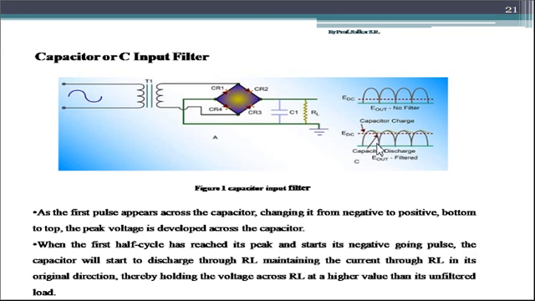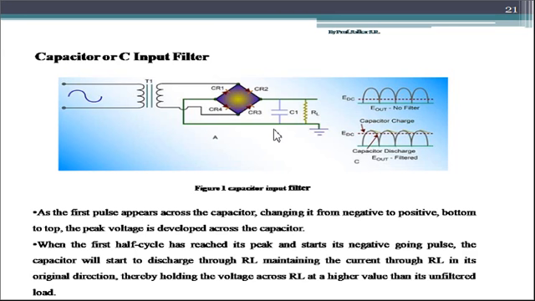Charging and discharging is a basic function of the capacitor, and the basic property of the capacitor is that it bypasses AC, that is, AC components are easily bypassed by the capacitor, whereas it blocks DC. The waveform which comes out of the rectifier is nothing but an AC signal waveform.